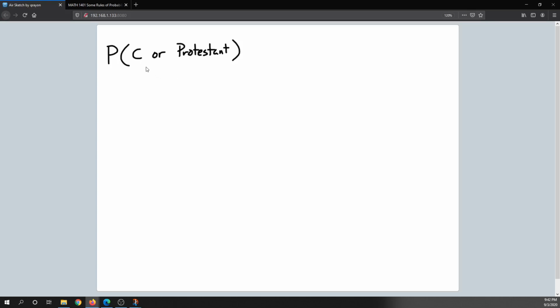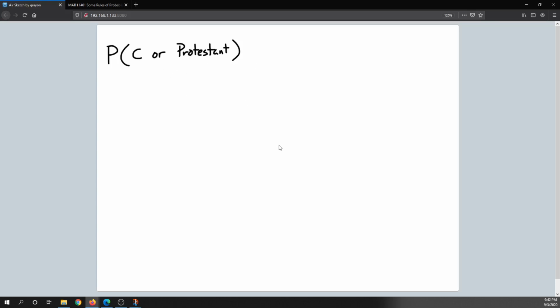All right, so what we have to ask ourselves, are these two events mutually exclusive? Can a randomly selected person be both a Catholic and a Protestant? And in general, you would probably say that the answer is no to that. Usually people are just one religion, although, who knows? There might be people out there, but for the purposes of this, we'll say that no, you can't do that.